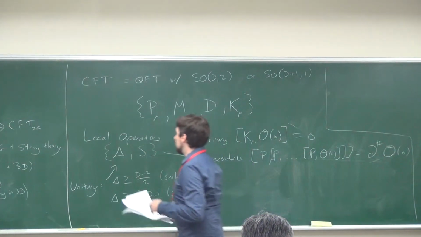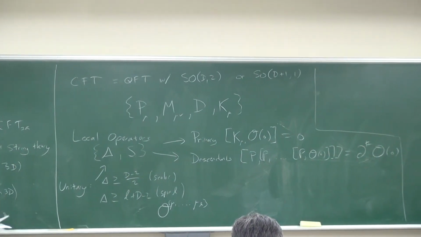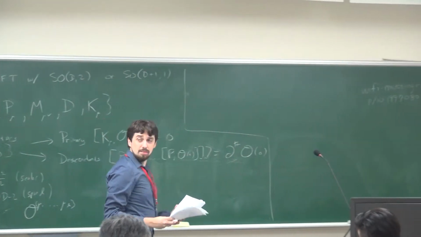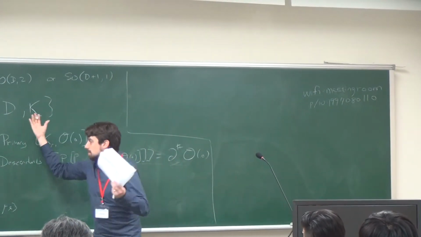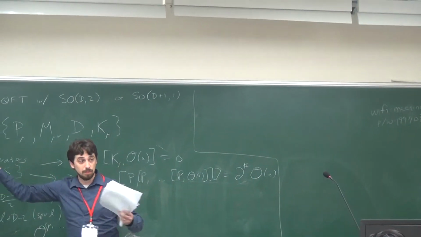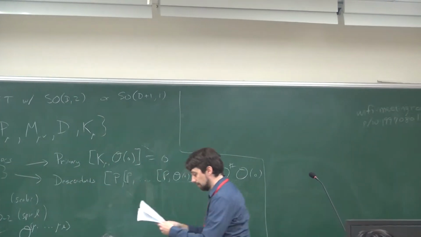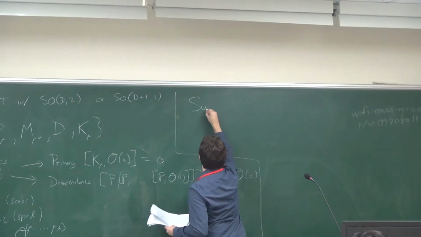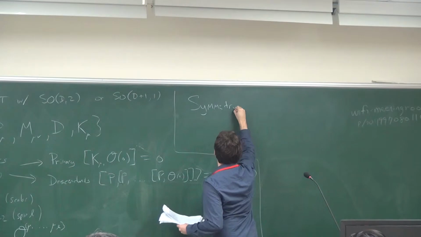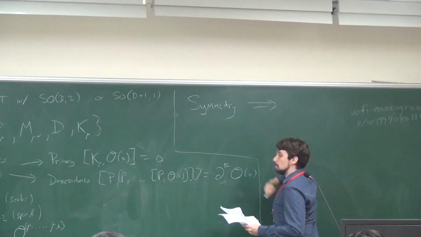Okay, so now we can ask, what constraints does having conformal symmetry place on the correlation functions of local operators? It has a number of immediate consequences.